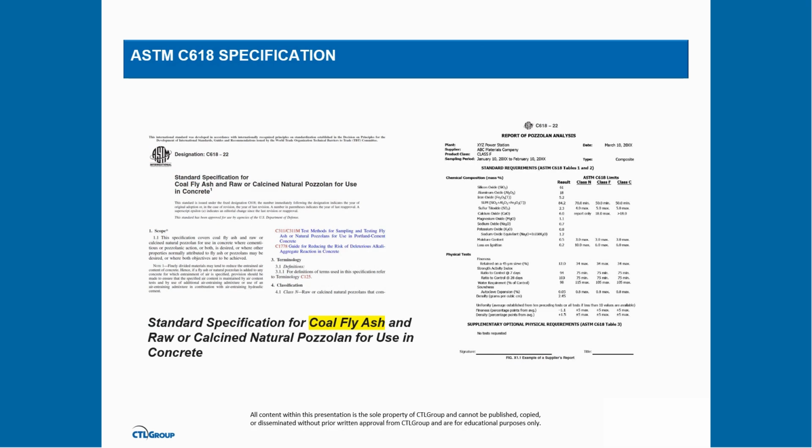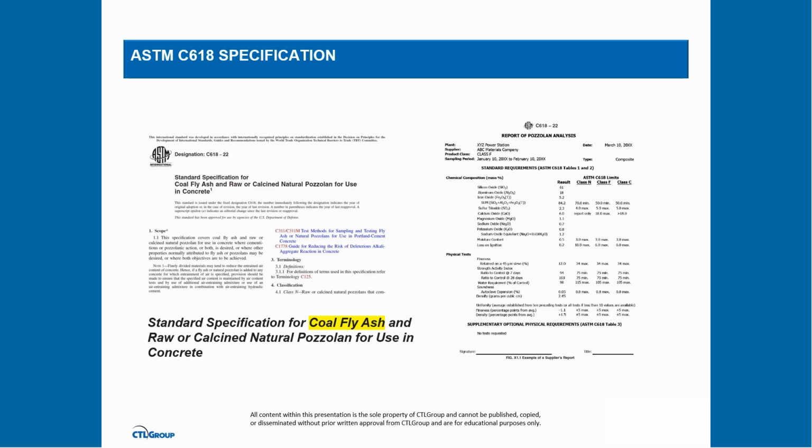ASTM C618 is a standard specification for fly ash and natural pozzolan for use in concrete. There are two different sections, one for the chemical composition and another for the physical properties. Chemical composition covers the oxide analysis, the chemicals that are present in the fly ash, and loss on ignition is one important property which is related to the amount of carbon that is present in the fly ash.